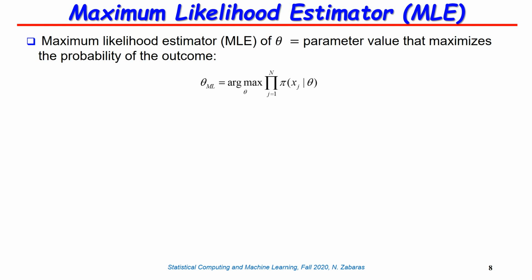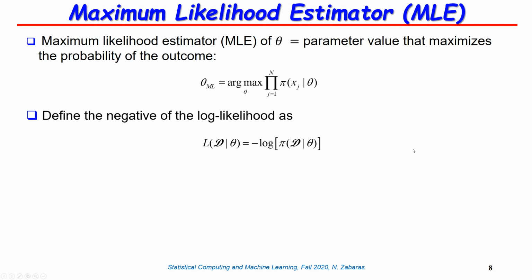But there are also numerical reasons to work with logs, because probabilities are very small numbers, so you don't want to have any numerical issues in your calculations. So theta MLE maximizes the likelihood, or maximizes the log likelihood, or, as an alternative, it minimizes the negative log likelihood that I denote here as L.